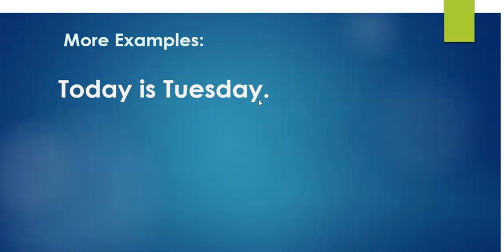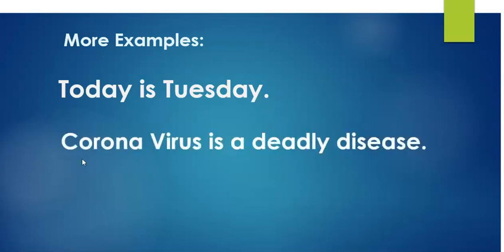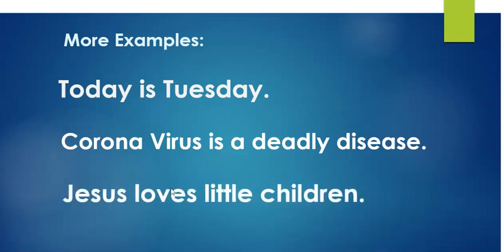Today is Tuesday. Here is a full stop. Coronavirus is a deadly disease. Here is a full stop. Jesus loves little children. Here is the full stop. So you can see that the full stop is placed at the end of every sentence.